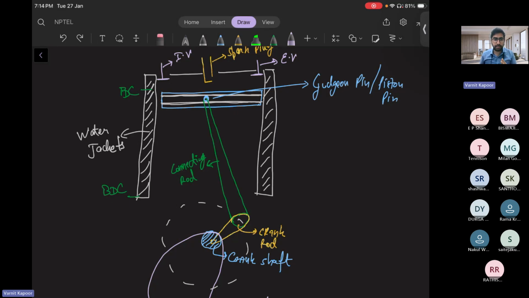You will understand ductile and brittle materials in your manufacturing subject. Forged steel is a very high strength material. Let me give you a glimpse. The pin is like a small cylinder, something like this, which sits between the piston and the connecting rod. So your piston and connecting rod are connected through this.